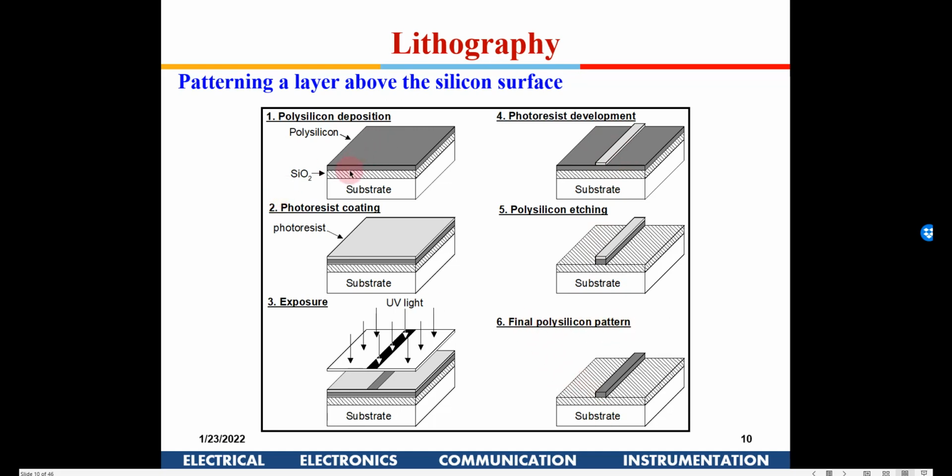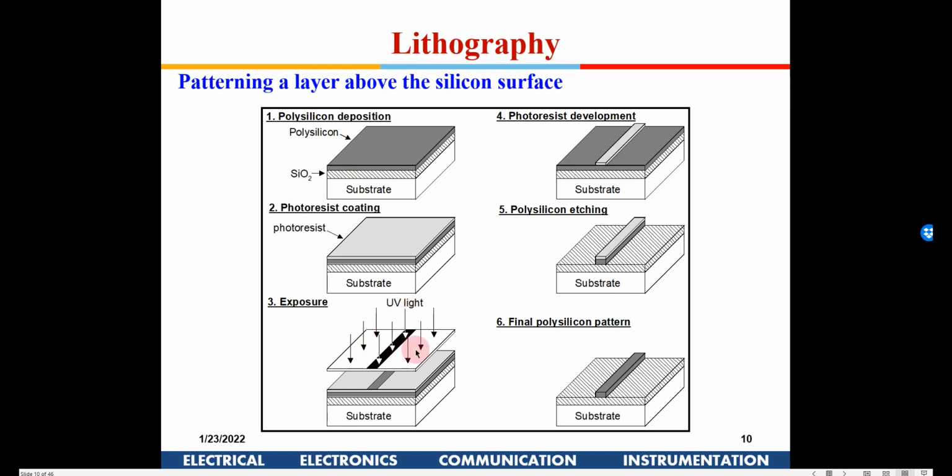So you have a silicon substrate, silicon dioxide, then polysilicon, and then a photoresist. Here, above the substrate, initially the gates were made of polysilicon, and subsequently these days we are using aluminum and other metals. In earlier days polysilicon was used as a gate. So you had a substrate, silicon dioxide, polysilicon, and on top of that photoresist.